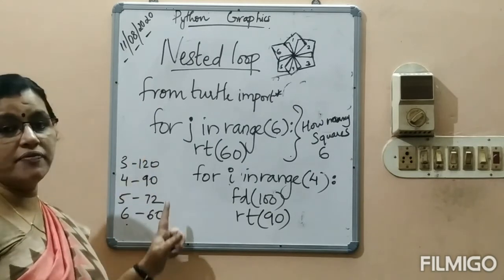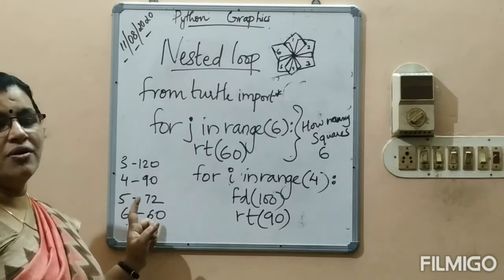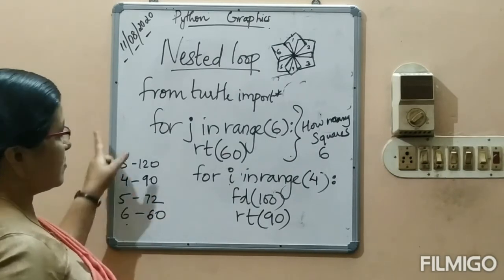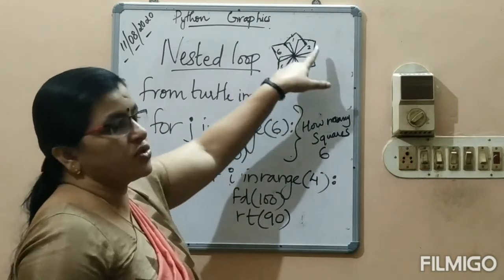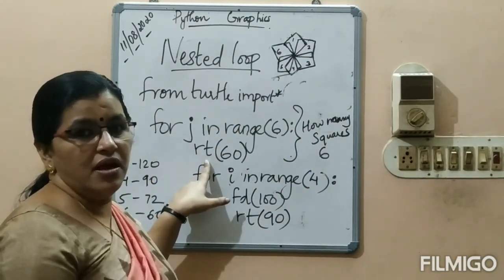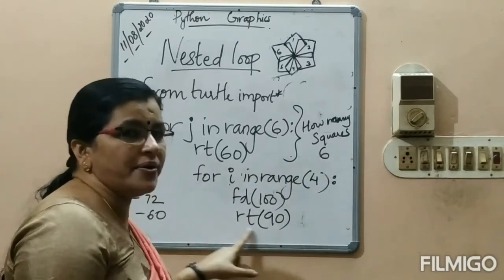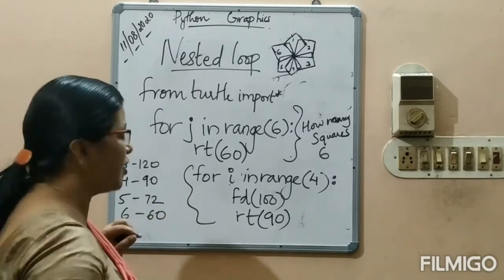In this way, you have to learn that, then you don't have to divide. Learn this by heart. How many squares are there? 6 squares, so the turning will be 60. After turning, what should be drawn? That is this loop.